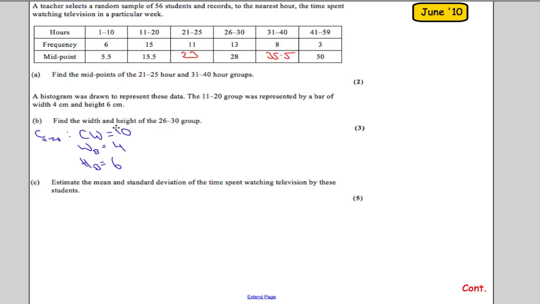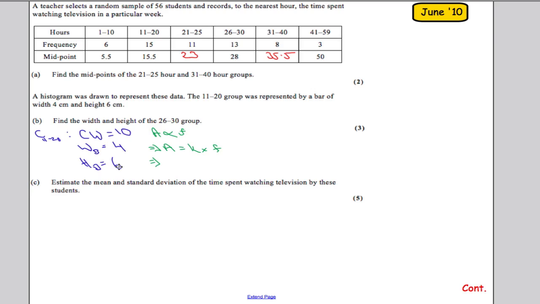Now I'm going to use this information to work out the constant k, because the area of a bar is proportional to its frequency. That means the area of a particular bar will equal some constant multiplied by its frequency. Sometimes the constant is 1, more often than not it's not 1.